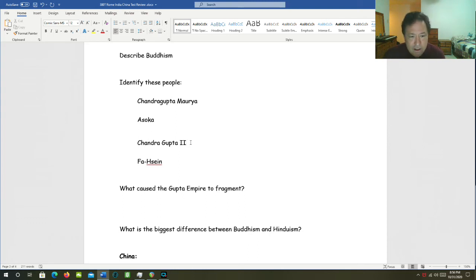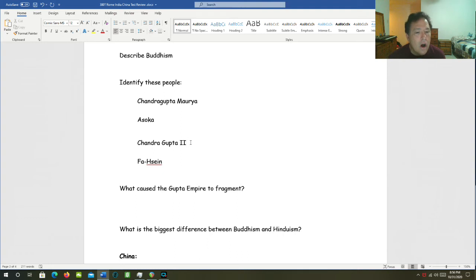Faxian, he was not from India. He was actually a Chinese Buddhist monk, a traveler, a chronicler. He wrote a very influential journal about the things that he observed while traveling through the Gupta Empire. And that journal is a primary source of information about what life was like during this time, even for the Indian people.